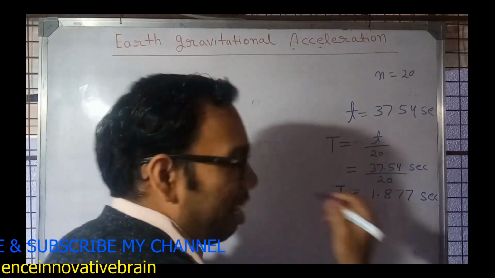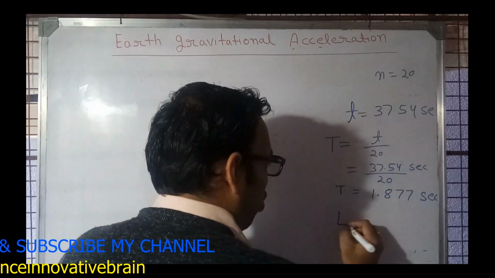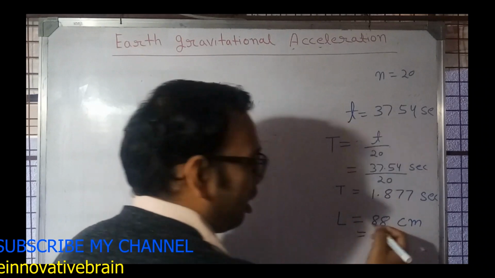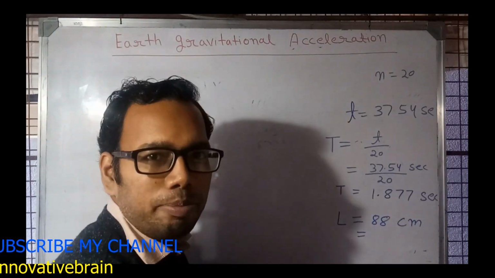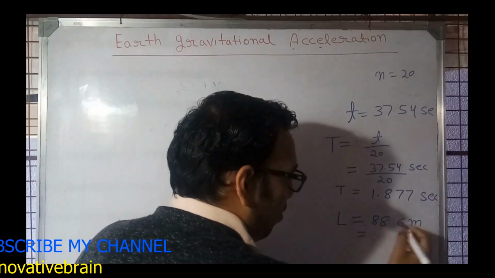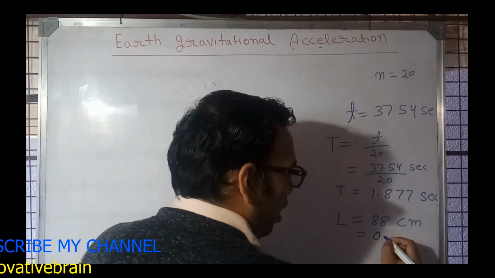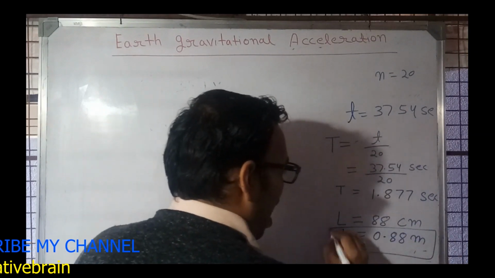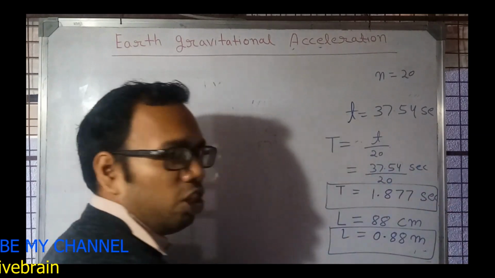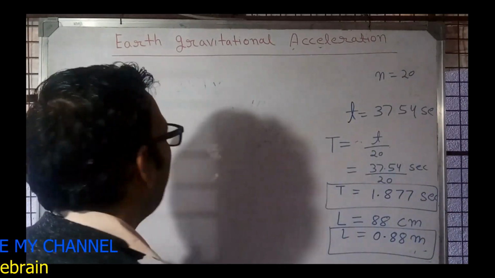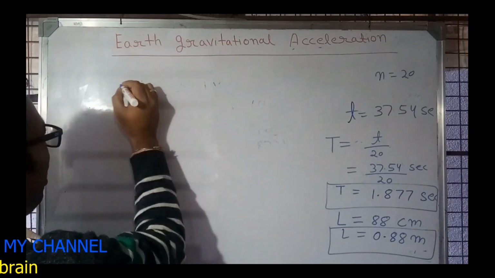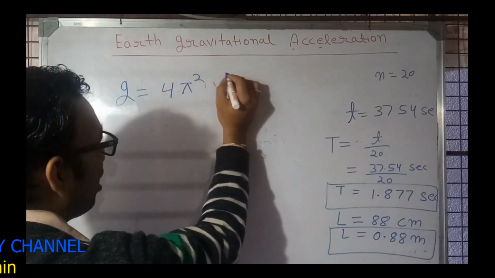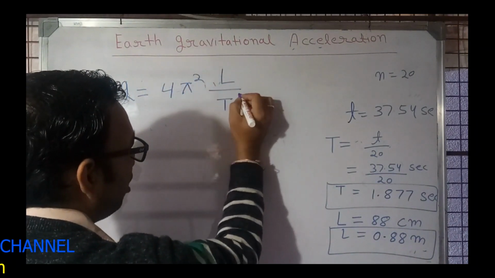And what is the length? The length we got is 88 centimeters. A small measurement error can also come, so we will calculate in meters only, so this value will be 0.88 meter. So we got the value of L and the value of T. We will put these values in the formula that we derived before: the value of g is equal to 4 pi square L divided by T square.